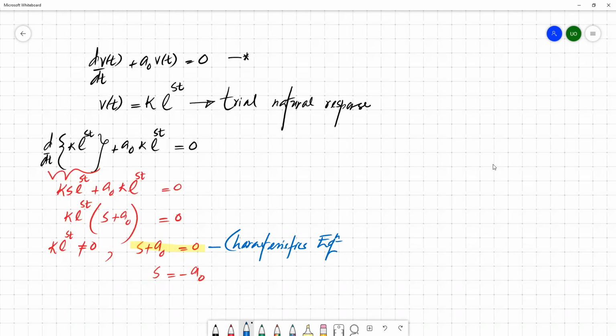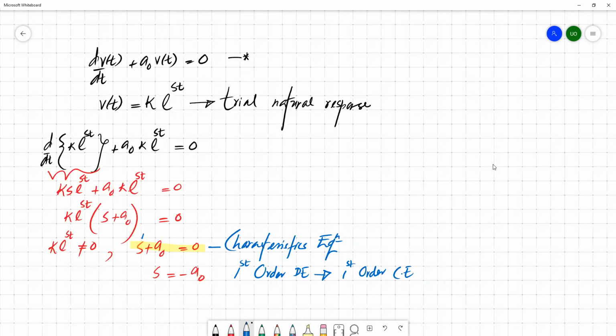If your differential equation is a first order differential equation, you will end up with a first order characteristic equation. First order means for this linear expression the maximum power is again 1. So if you have a first order differential equation, the characteristic equation also would be a first order equation.